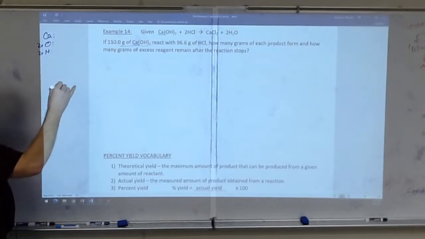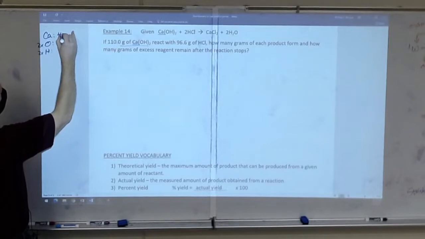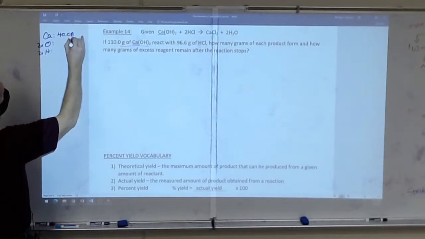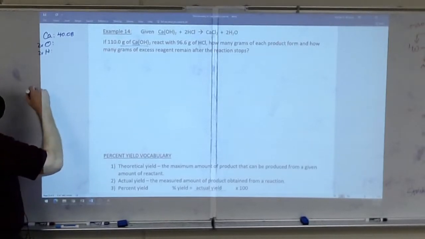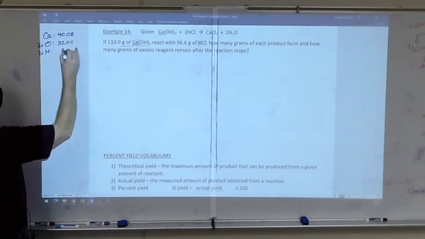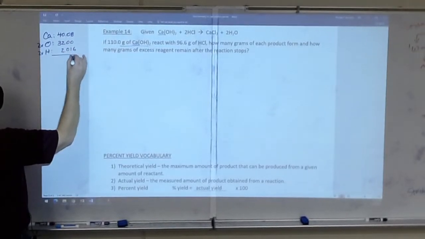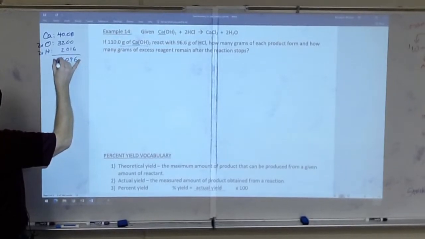Calcium is 40.08, and the oxygen is 32.00, and hydrogen 2.016, so that's 74.096.